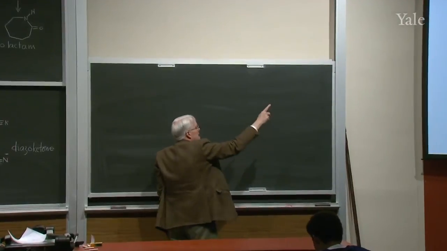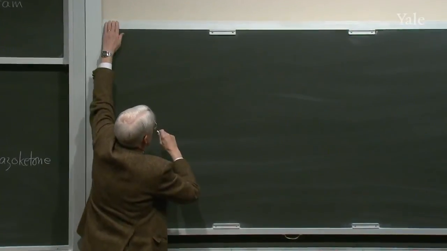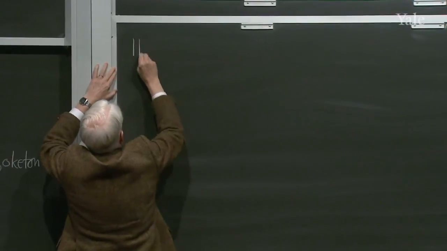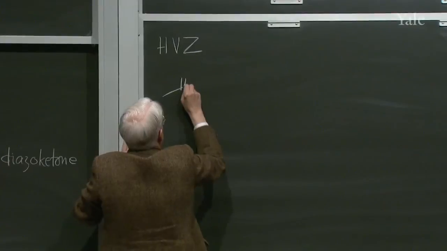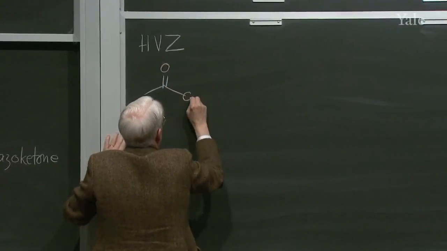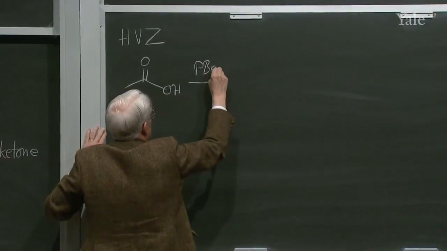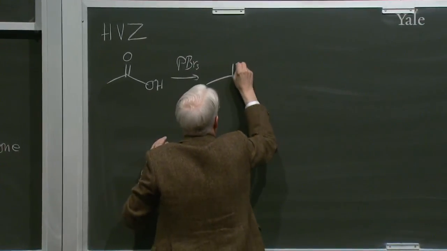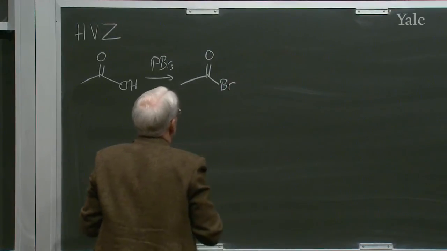So the same way that SOCl2 can make an acid chloride from an acid, so can PBr3. So in the HVZ reaction, the carboxylic acid reacts with PBr3 to give the acid bromide.